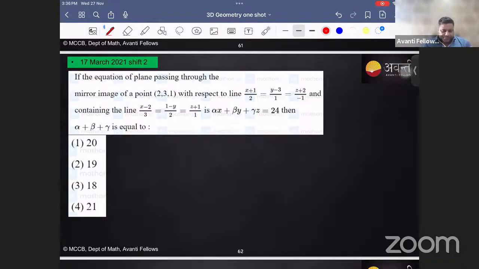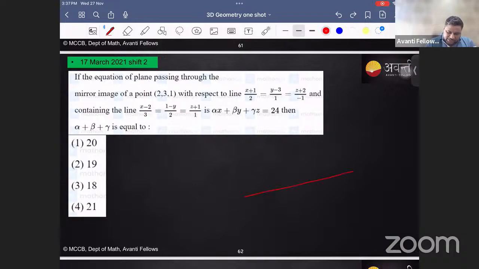The question is, the equation of the plane passing through the mirror image of a point with respect to this line and containing this line. So first of all, what do you require? You require the mirror image of this point in this line. All right.